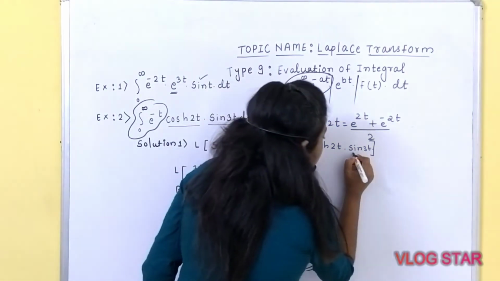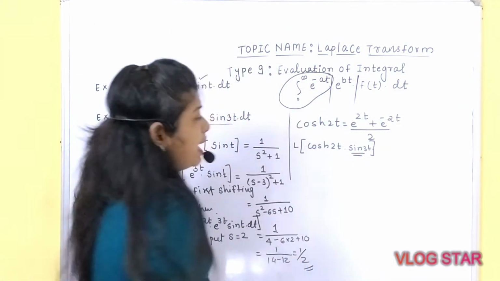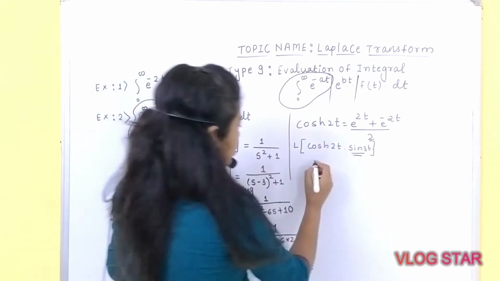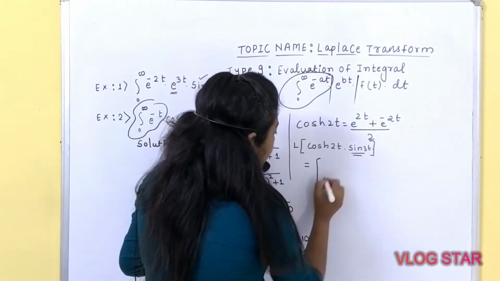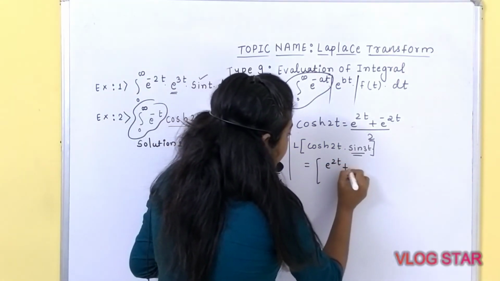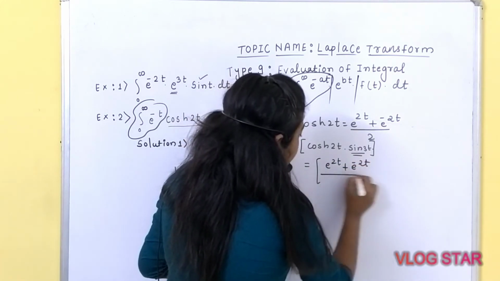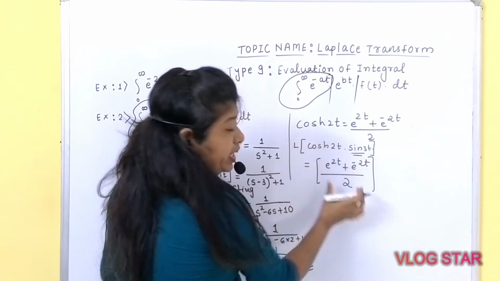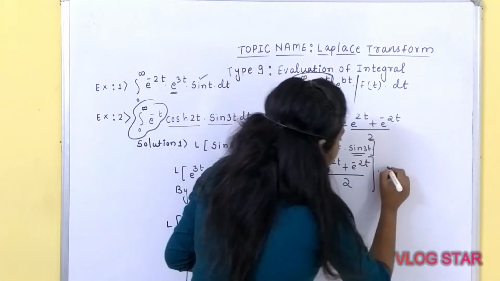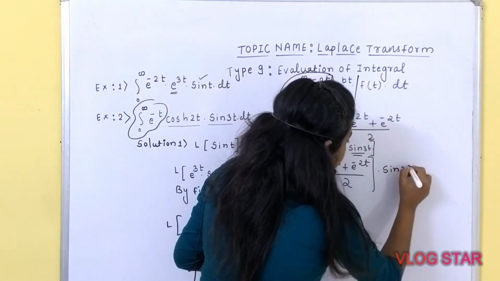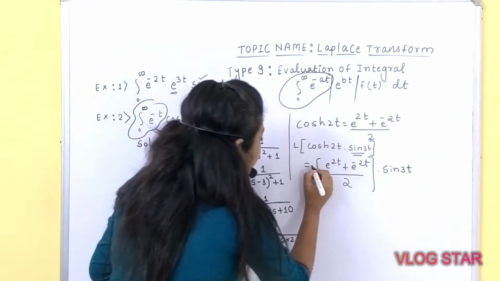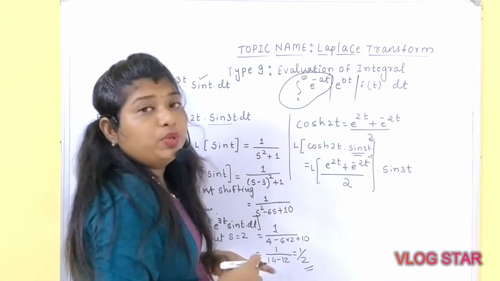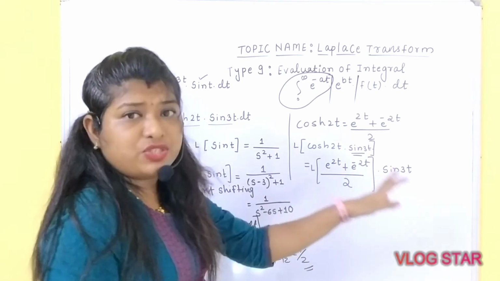So first you need to find out the Laplace of sin 3t. Please pay attention over here. First, e raised to 2t plus e raised to minus 2t by 2. This is nothing but the cosh 2t formula. Then you need to write sin 3t as it is. And for this particular function, you need to calculate the Laplace transform.